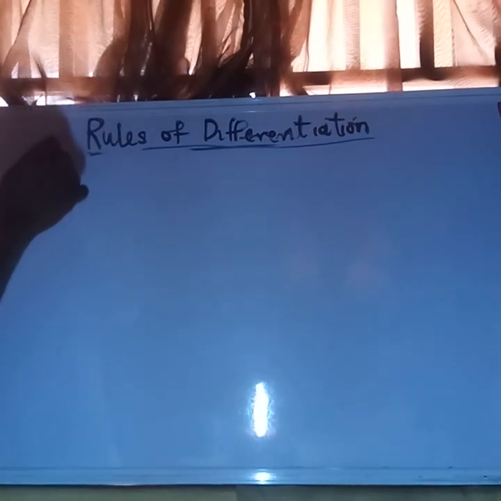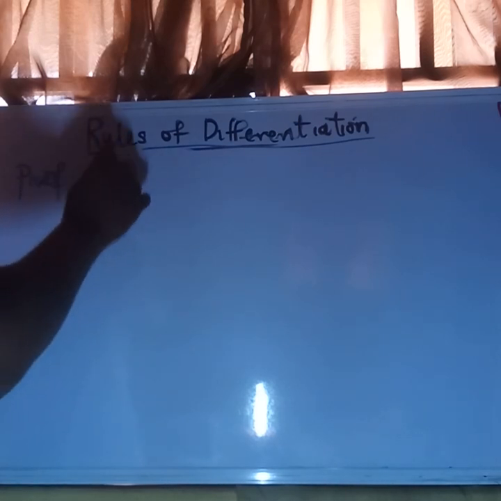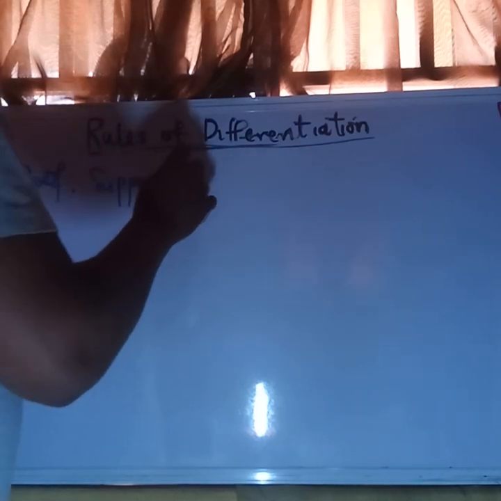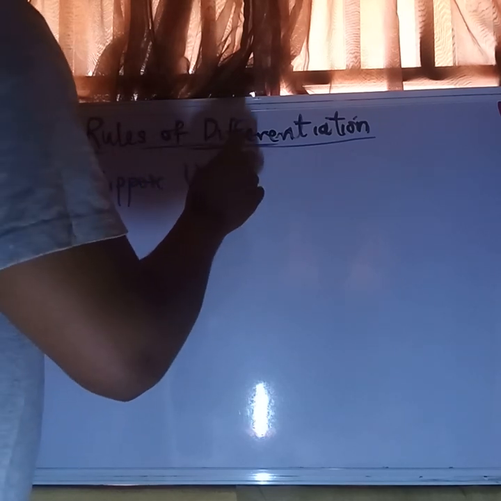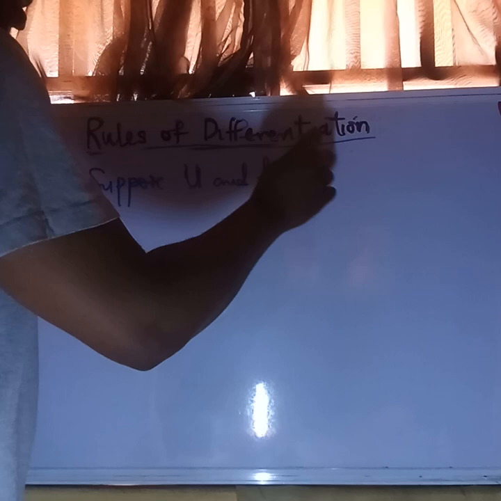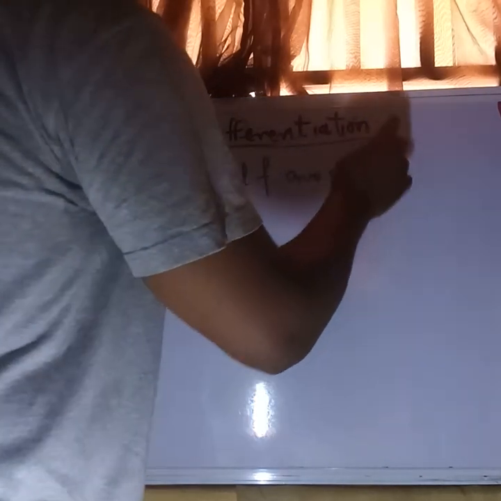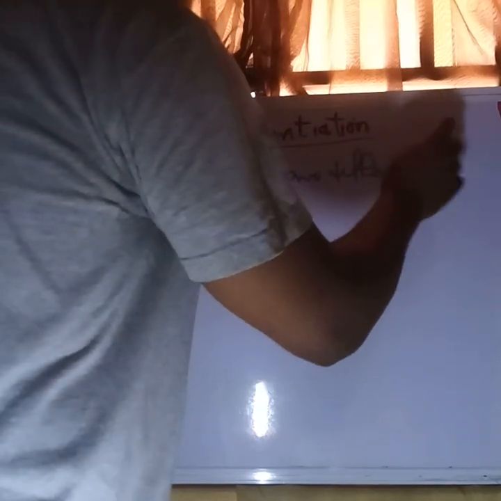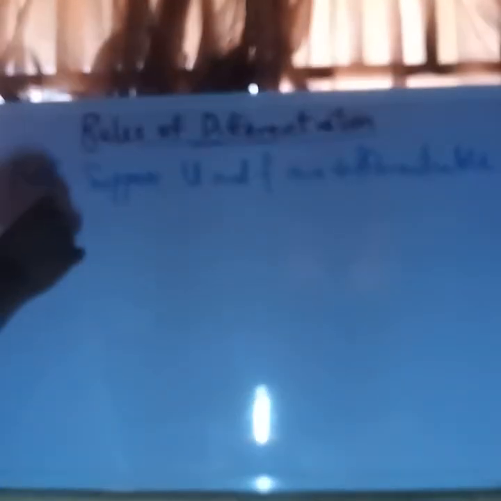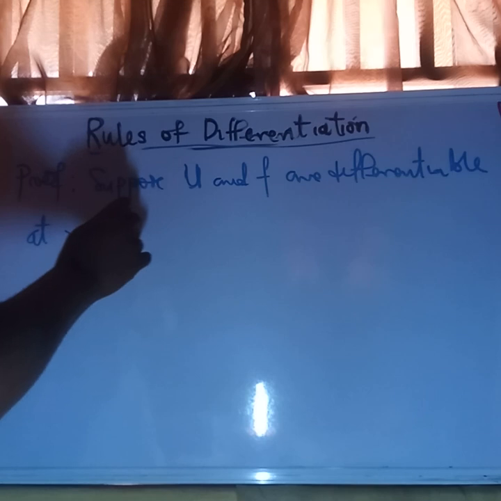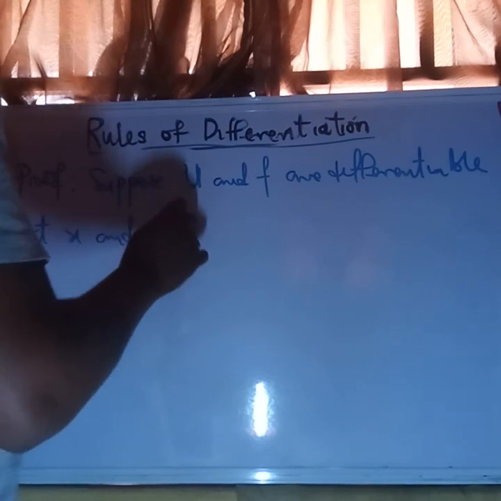Just like we have in the rule, suppose u and f are differentiable at x and u respectively.